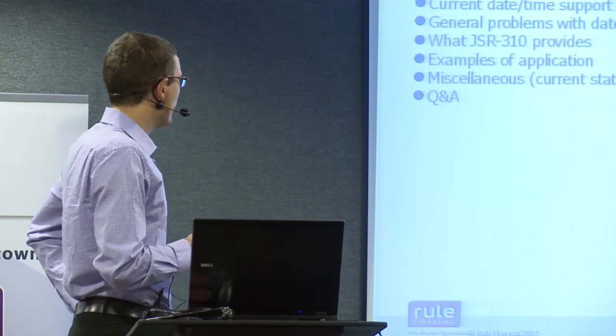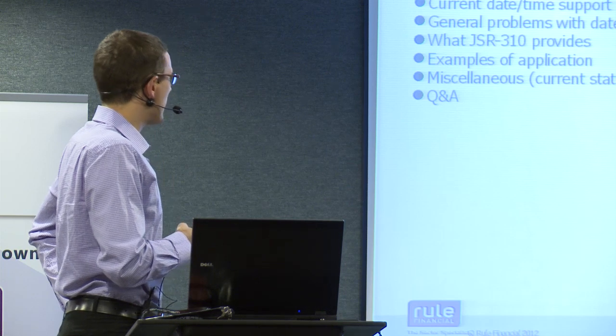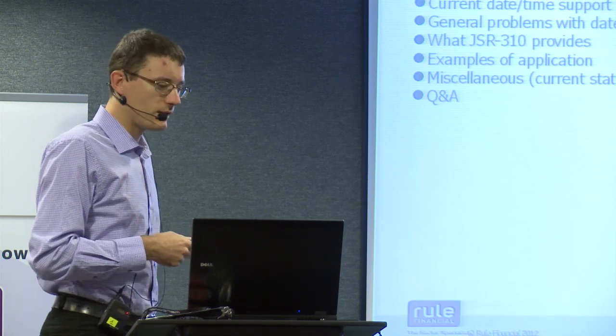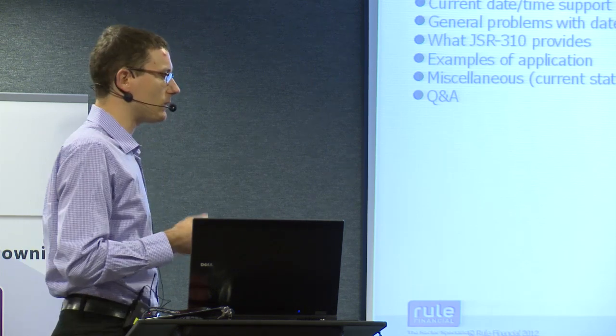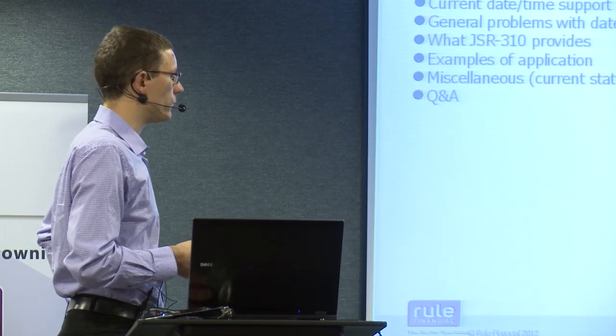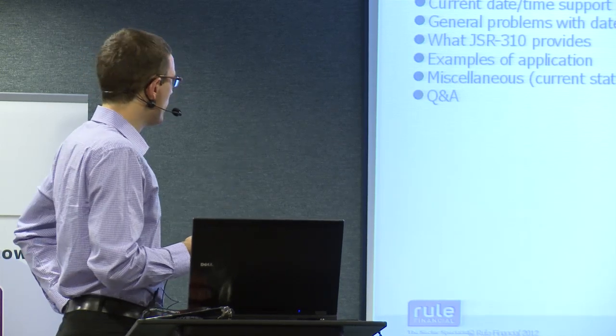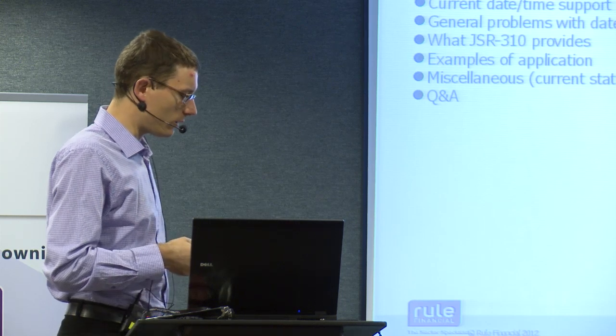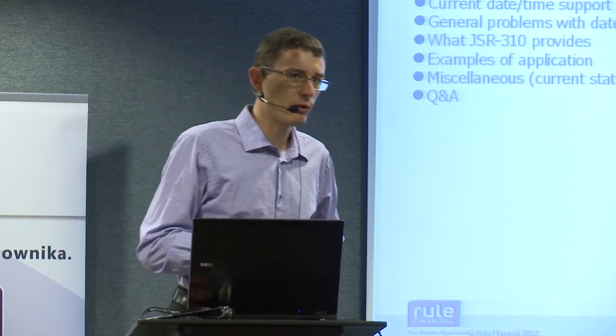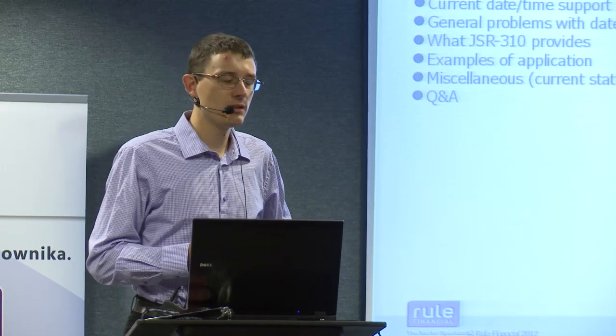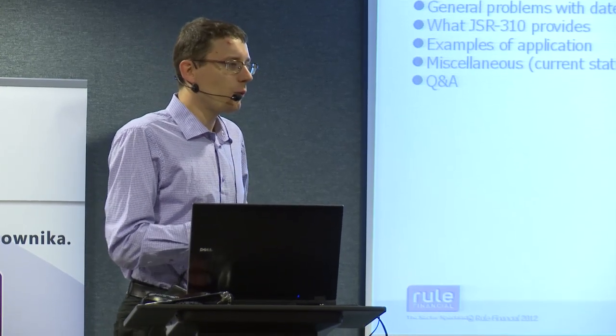Sorry for this. Right, so initially I will just give you a quick introduction to the ISO standard, because this is needed throughout the other slides. Then we are going to take a look at the current support for date and time in the JDK. What are the problems?